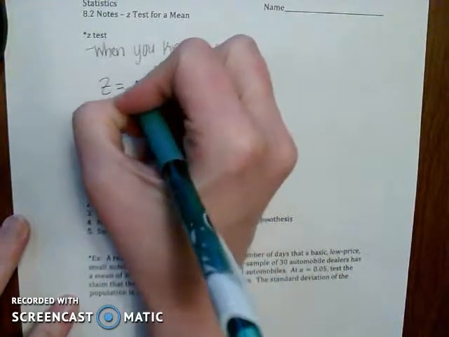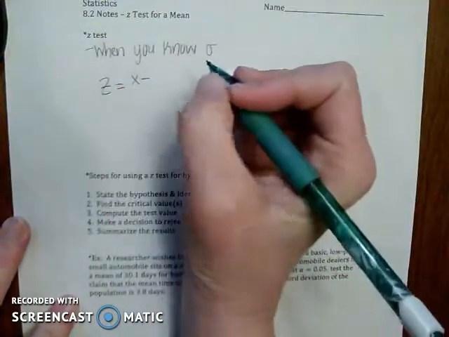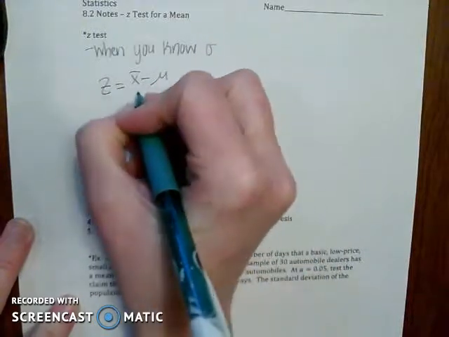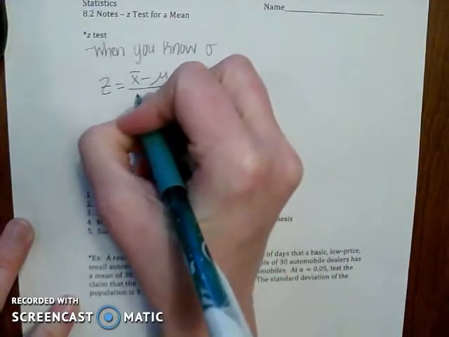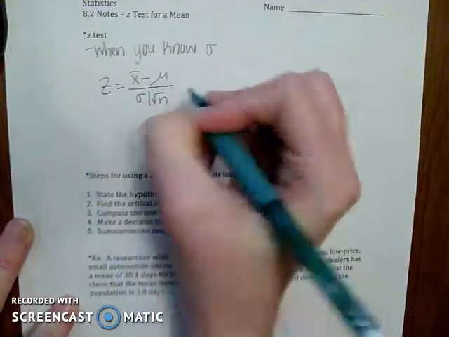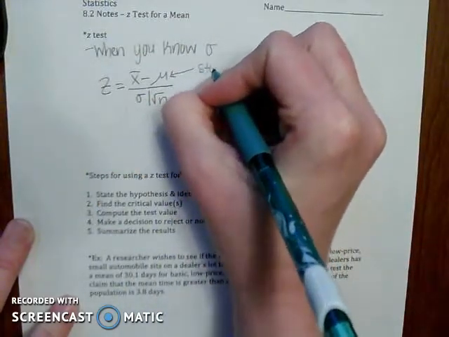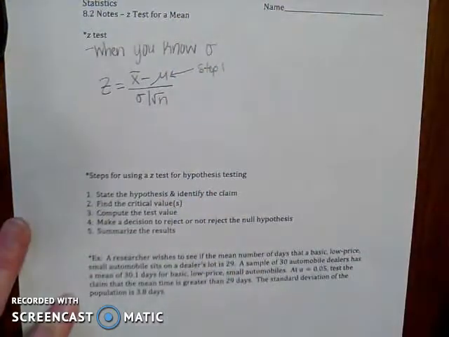Z equals x bar, because it's your sample mean, minus mu over sigma over the square root of n. This number right here is from step 1. Whatever your k value is in step 1, that's where your mu goes, because it says mu equals some number in step 1.